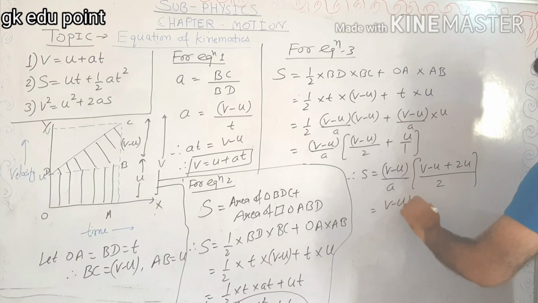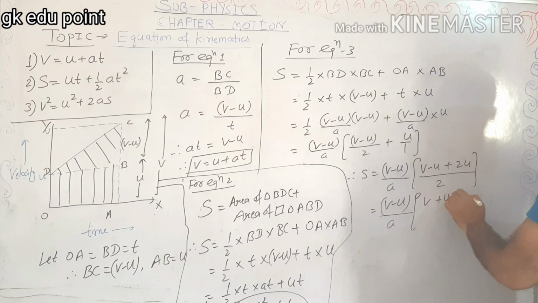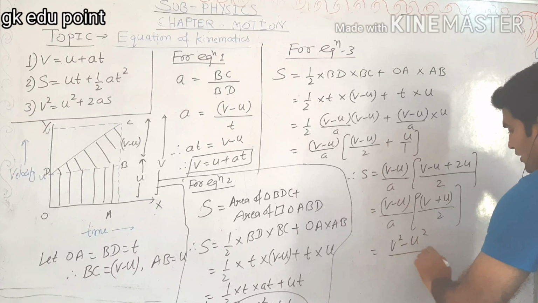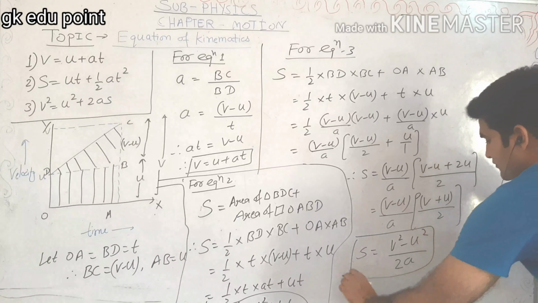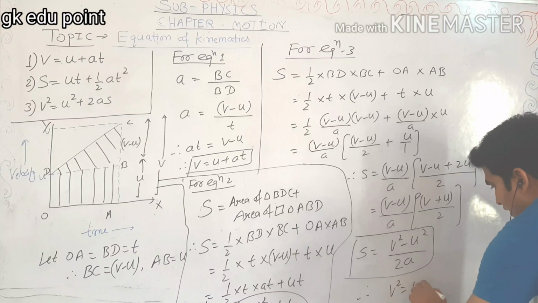So v minus u over a and v plus u over 2. Now there is an identity: v minus u into v plus u can be written as v square minus u square, over 2a, which equals s, and which gives equation number 3. After cross multiplication you will get directly v square equal u square plus 2as. This is our third equation of motion.